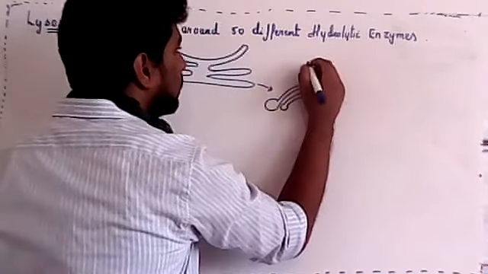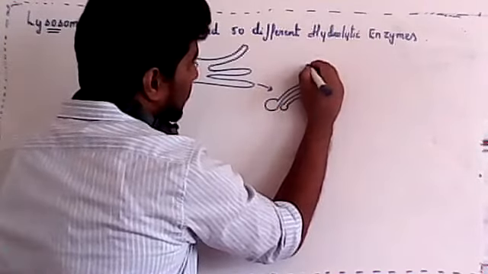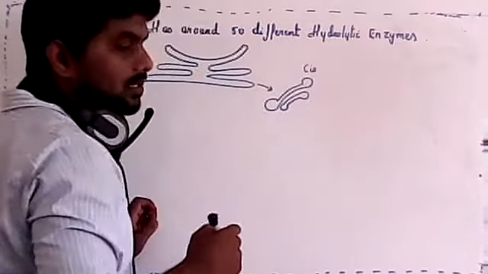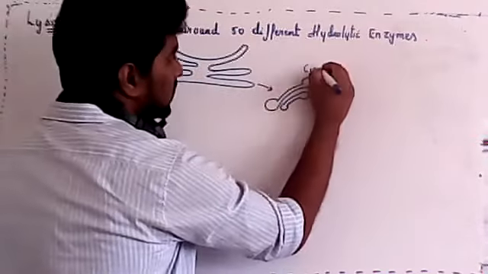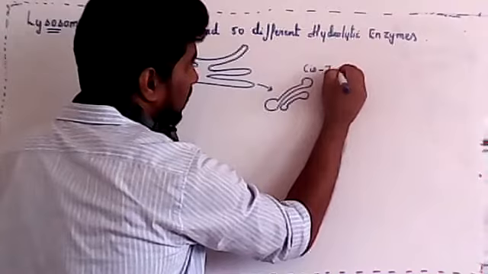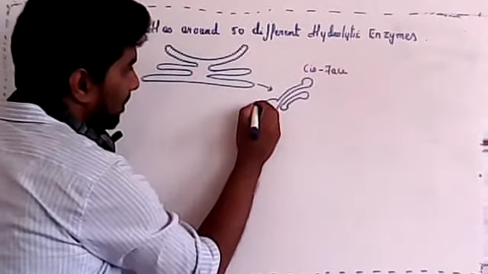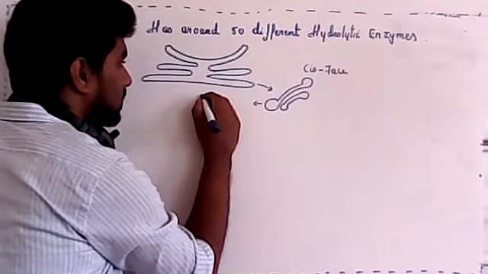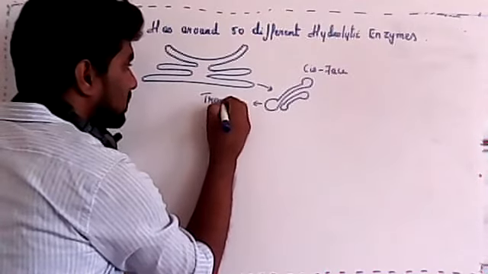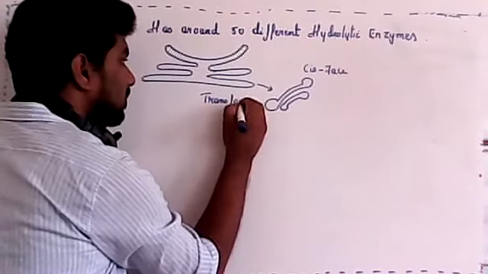Then there are two sides of the Golgi complex. The side facing towards the nucleus is called the cis face, and the other side is called the trans face.